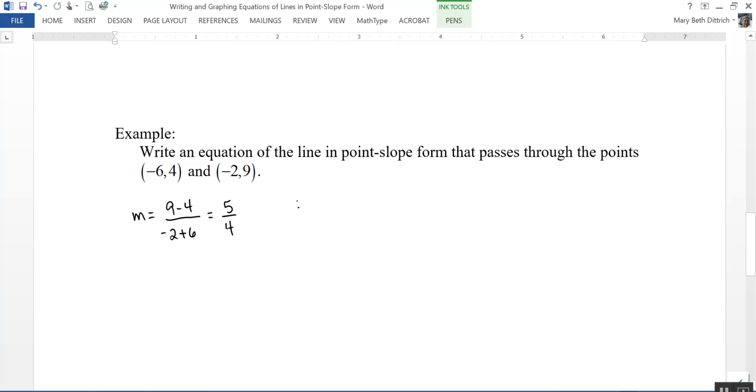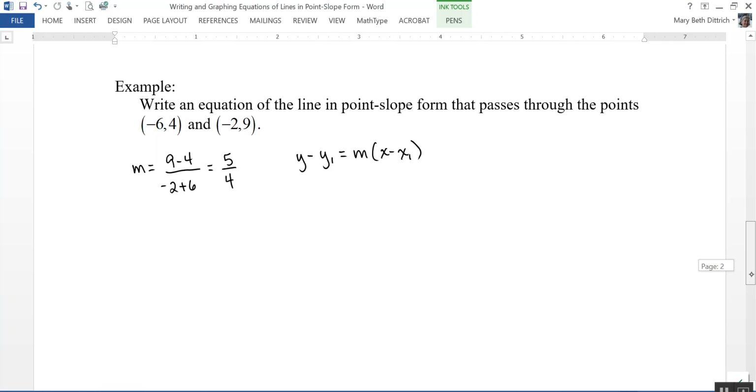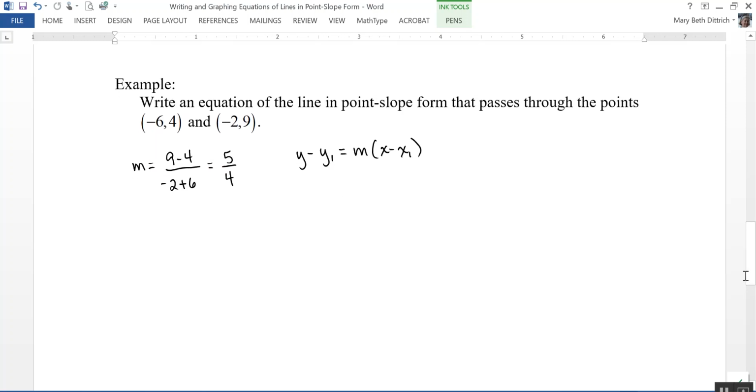Okay, and then recall that point-slope form is y minus y1 equals m times x minus x1. And this is a little curious. In this case, I actually have 2 points, so there are actually 2 different answers for this.